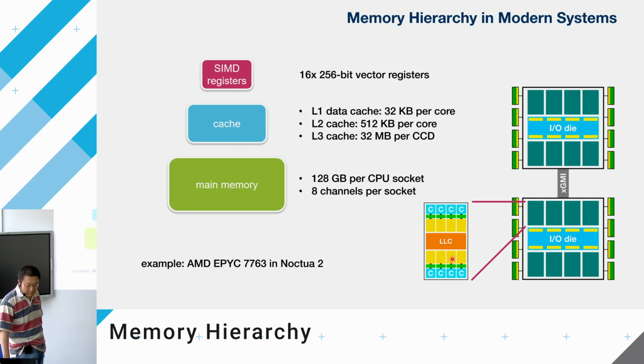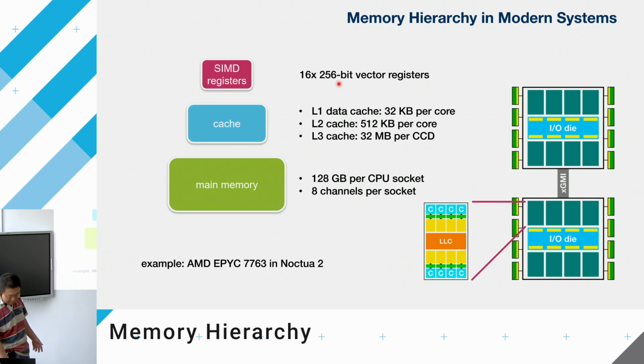This is the so-called CCD, one core complex die, as mentioned this morning in the part from Alex. Each core has 16 256-bit vector registers. As you can see, it's not measured in bytes, but of course you can use bytes, and then it becomes even smaller. This SIMD vector is the power for the so-called vectorization on the CPU.